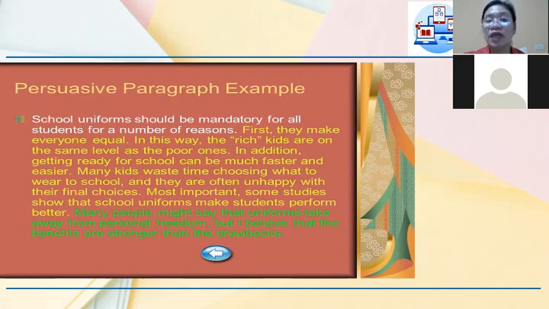So in addition, getting ready for school can be much faster and easier. So many students waste time in choosing what to wear to school. And they are often unhappy with their final choices. So most important, some studies show that school uniforms make students perform better in school.